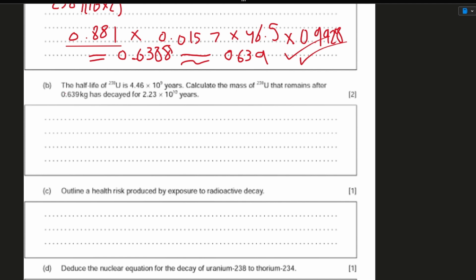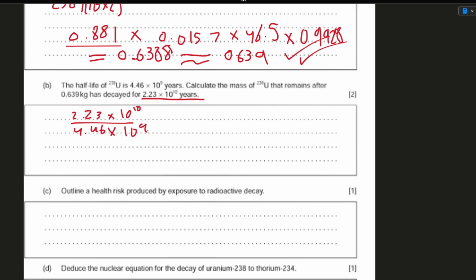Right, okay. So, in order to calculate the half-life, we take the amount it's decayed for, and we divide that by the overall half-life. So we got 2.23 times 10 to the power of 10. I assume that says that, yeah. Divide that by 4.46 times 10 to the power of 9.